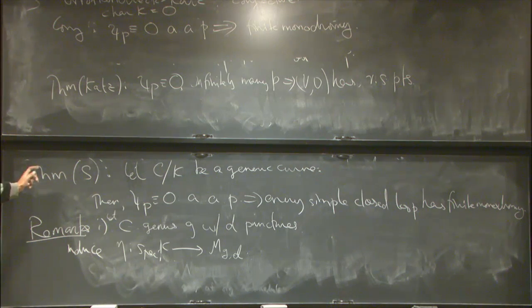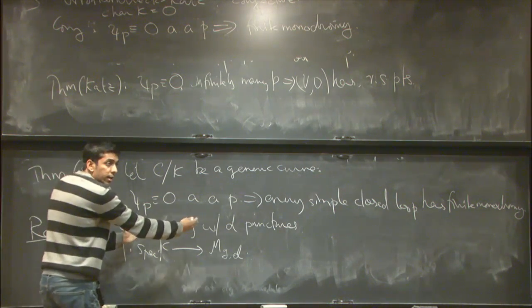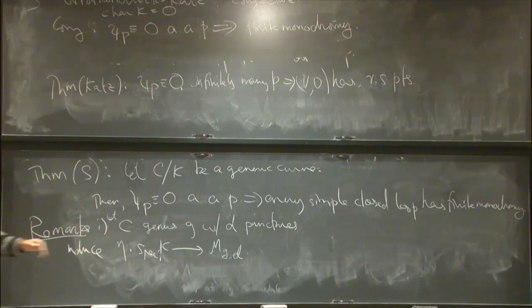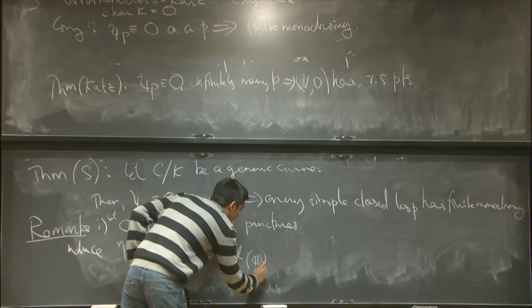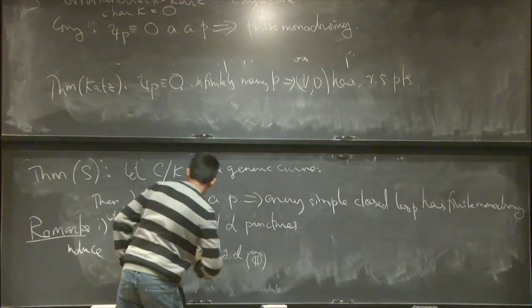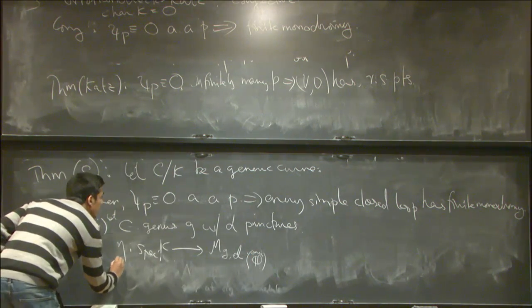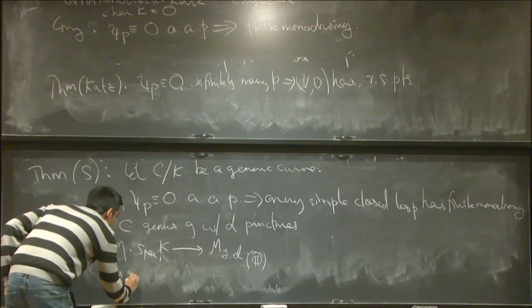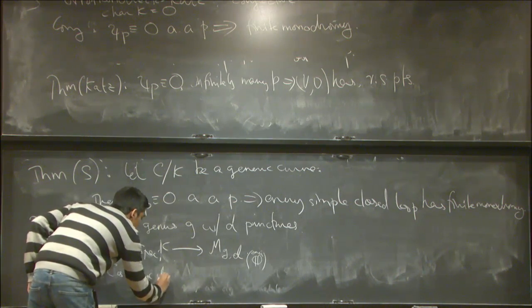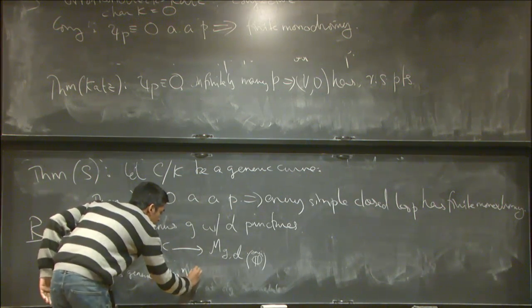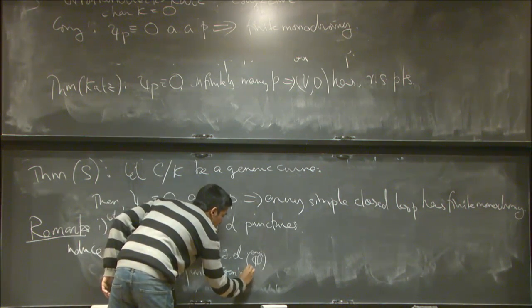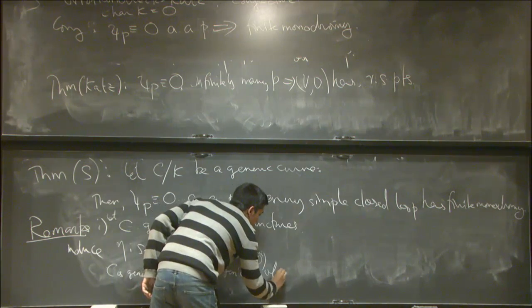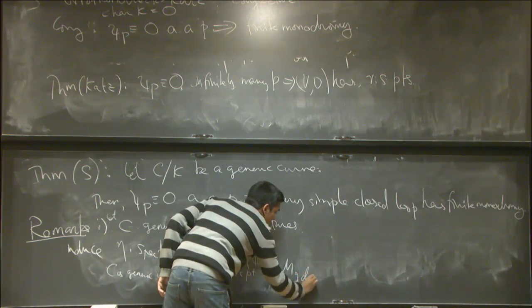And we say that the curve is generic if the image of this map, eta, contains the generic point of M_{g,d}. And over here, we think of this as a scheme over Q.